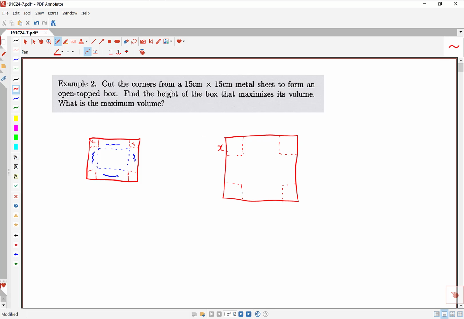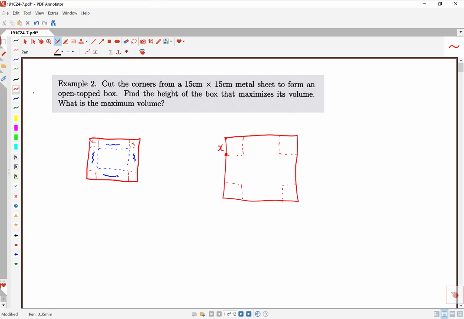Now, if x is that length from there to there, then this is also x, this is also x, this is also x. So all these squares have to have the same side length so that when you fold up the flap, the sides meet nicely to form just the edge of the top of the box. I'm not going to label them all, but just from physical intuition, we should understand that they're all going to be the same x value.